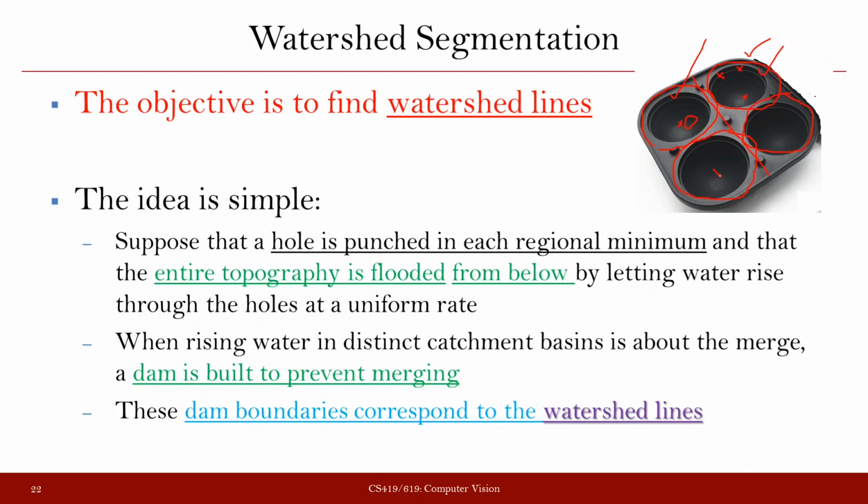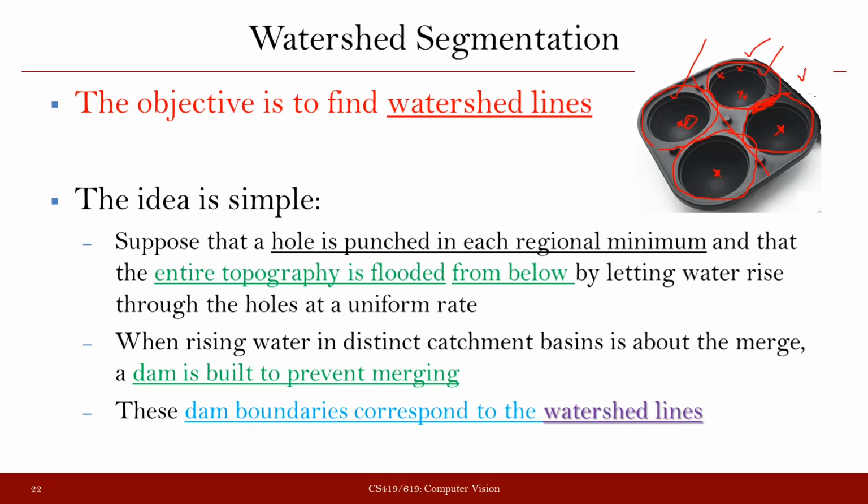Similarly, it is going to accumulate here, in this watershed, and in this watershed. So for these watersheds, how do we find these common or dividing lines? The procedure is simple. You can just visualize as if there is a hole in these segments of this image, or consider a physical tray.